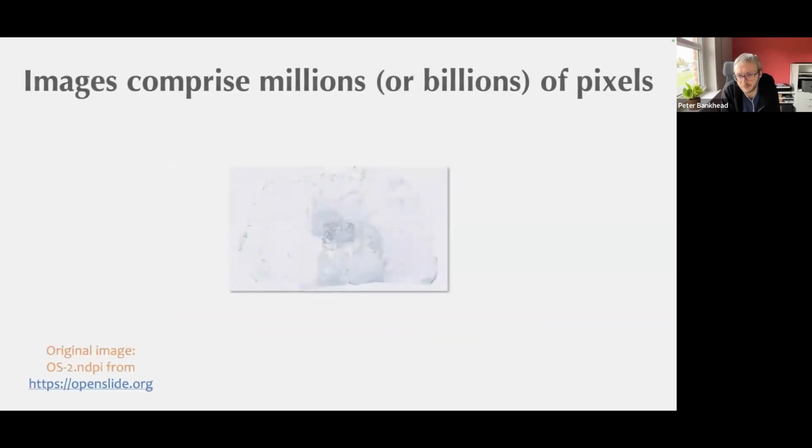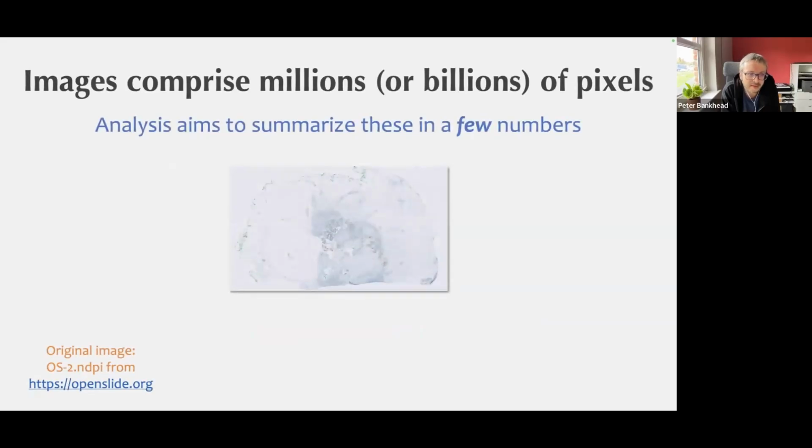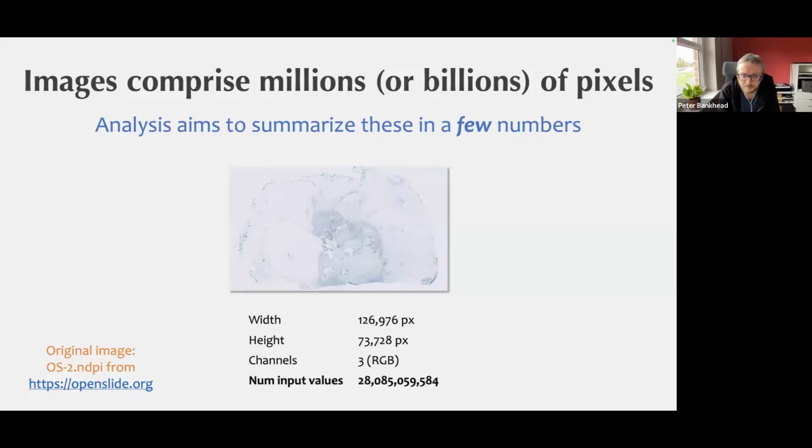What I mean by that is if we take this Ki67 example, the one where we have tens of thousands, if not hundreds of thousands of cells. We can see the nuclei and we want to distinguish are they tumor or non-tumor, and then we want to get the percentage of the tumor ones which are stained brown. So that's basically what we're trying to do with this image. But the image itself is about 28 billion pixels or so.